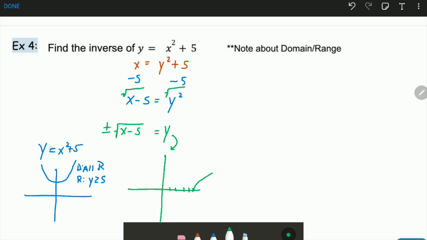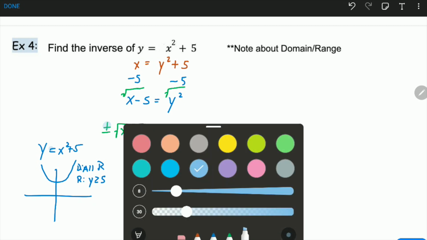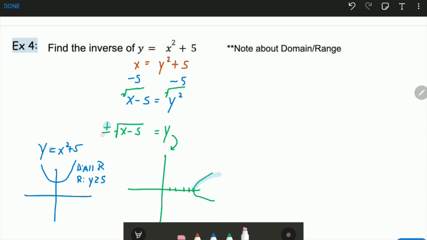We have the graph like this. However, this right here isn't actually a function. The combined plus minus doesn't actually create a function. The plus creates the top half of this sideways u, while the minus sign creates the bottom half.